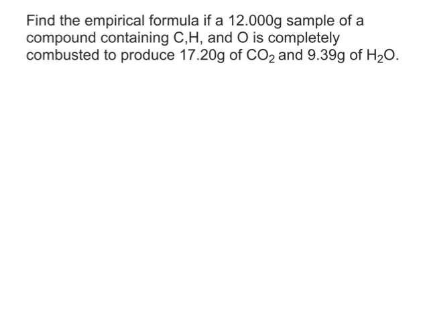So this one's a little bit trickier because we have carbon, hydrogen, and oxygen. So I've got a 12-gram sample with 3 elements in it. It produces this many grams of carbon dioxide and this many grams of water. So this is one of the ones, like I said, where we will have to solve by subtraction for this oxygen, because we don't know the oxygen that is in these. Some of it comes from our unknown compound, some of it comes from the oxygen used in the combustion process.